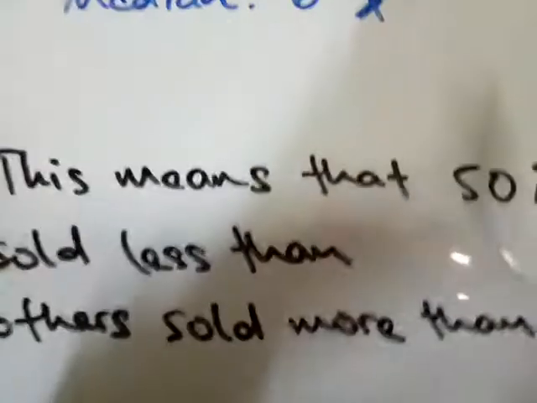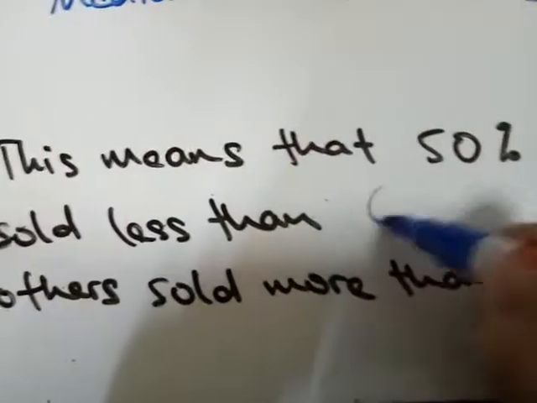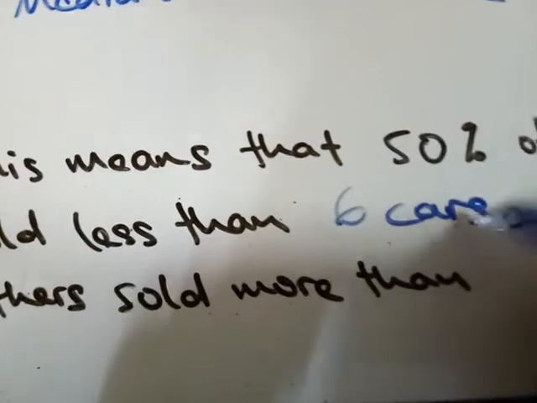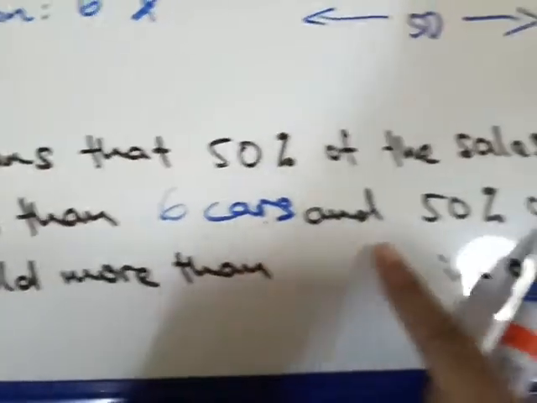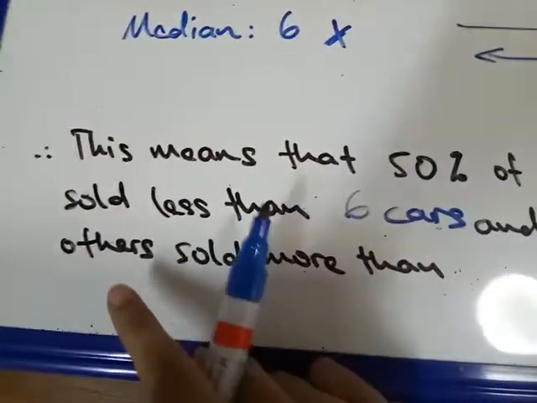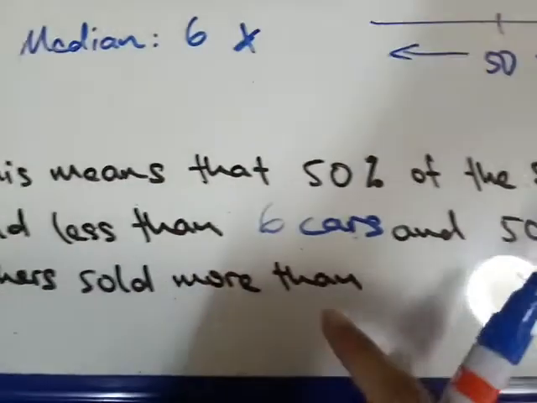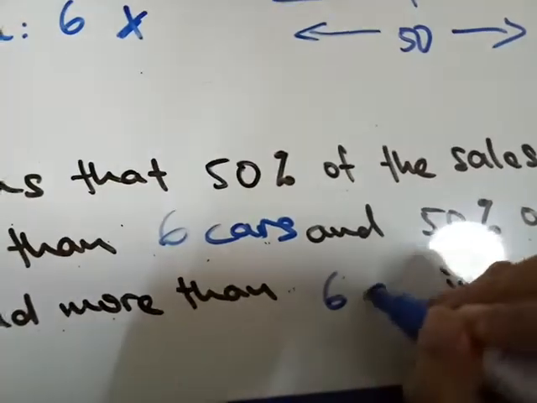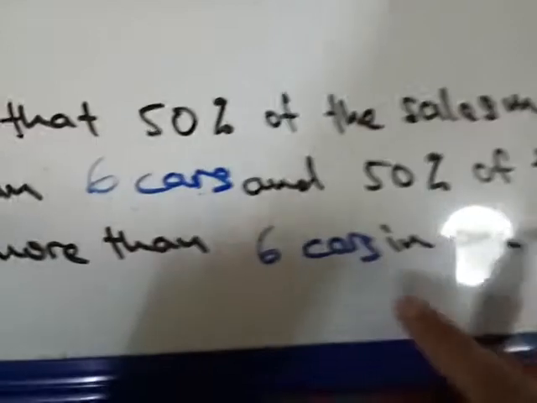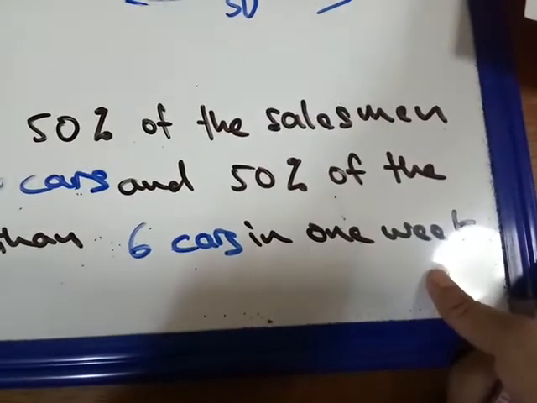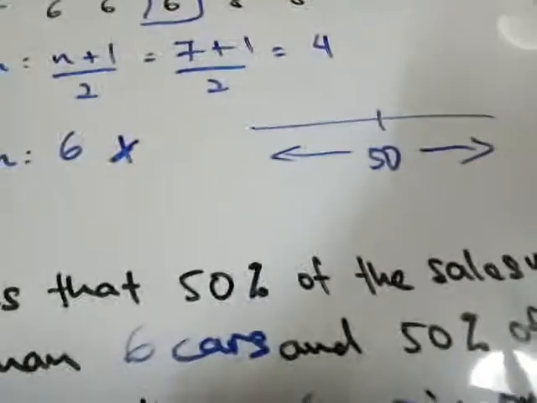Median dia 6. So less than 6 cars, and 50% of the others sold more than 6 cars in 1 week. Okay, boleh faham nah?